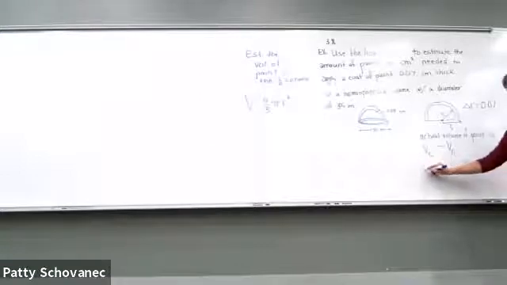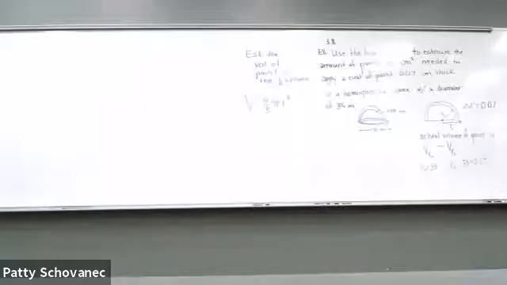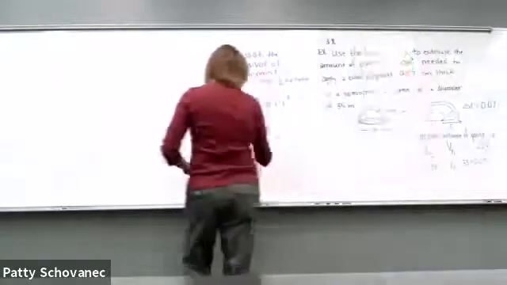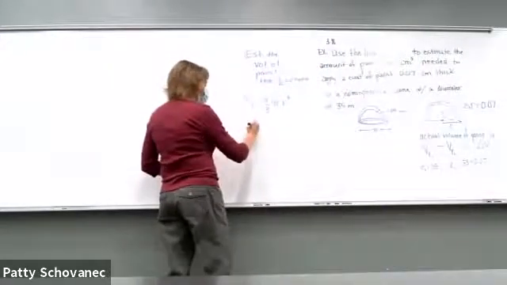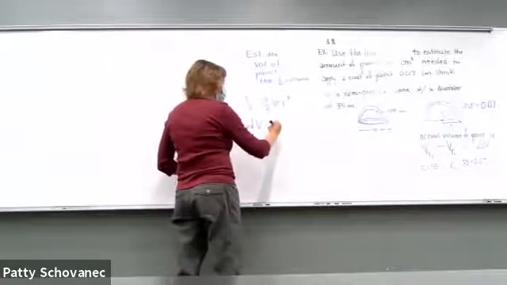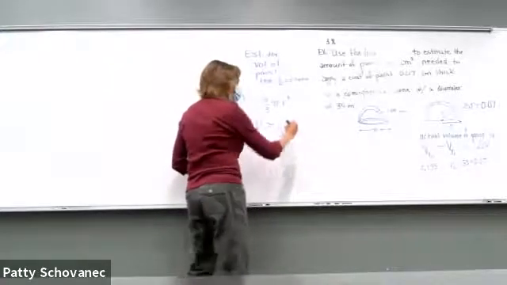That's the actual volume of paint, a change in V. The thing we use to approximate the change in V is the differential dV, so we use the fact that dV approximates the change in V.